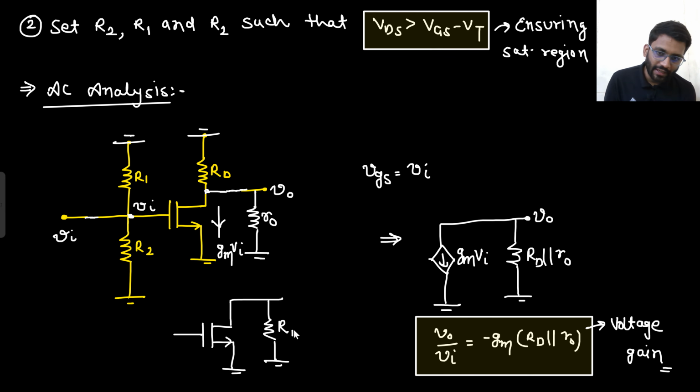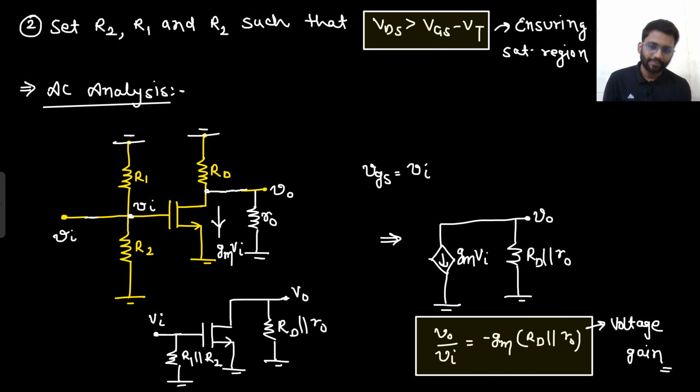So this will be replaced with RD parallel R naught, because from V naught to ground you see RD parallel R naught, and from V in to ground you see R1 parallel R2. So this will be replaced with R1 parallel R2, and this will be your V in. That's it.